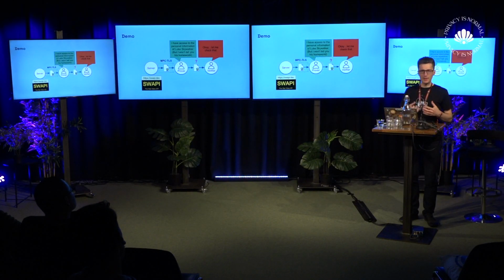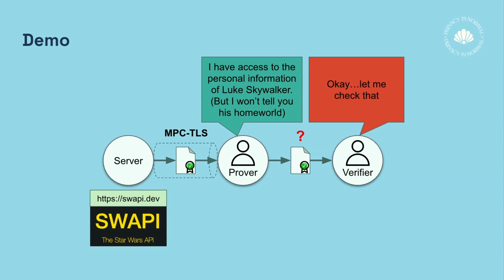To make that a bit more practical and to show that TLSNotary actually works in practice, I've created a small setup where there are different roles. So the prover in this case has access to private data on the Star Wars API website. And so what the prover wants to prove to the verifier is that he has private information on Luke Skywalker.